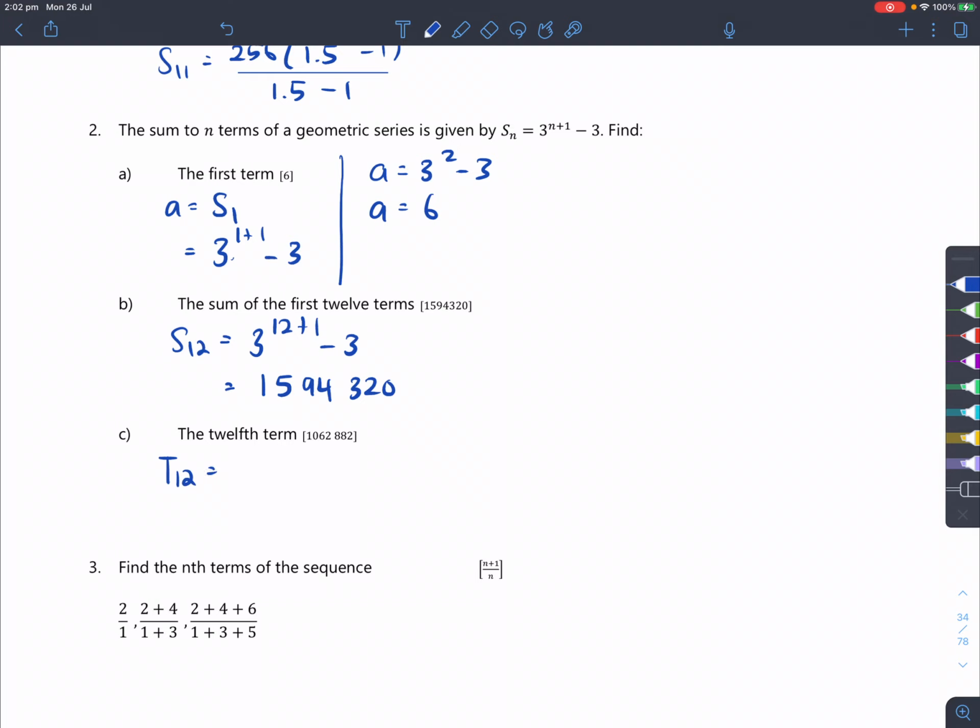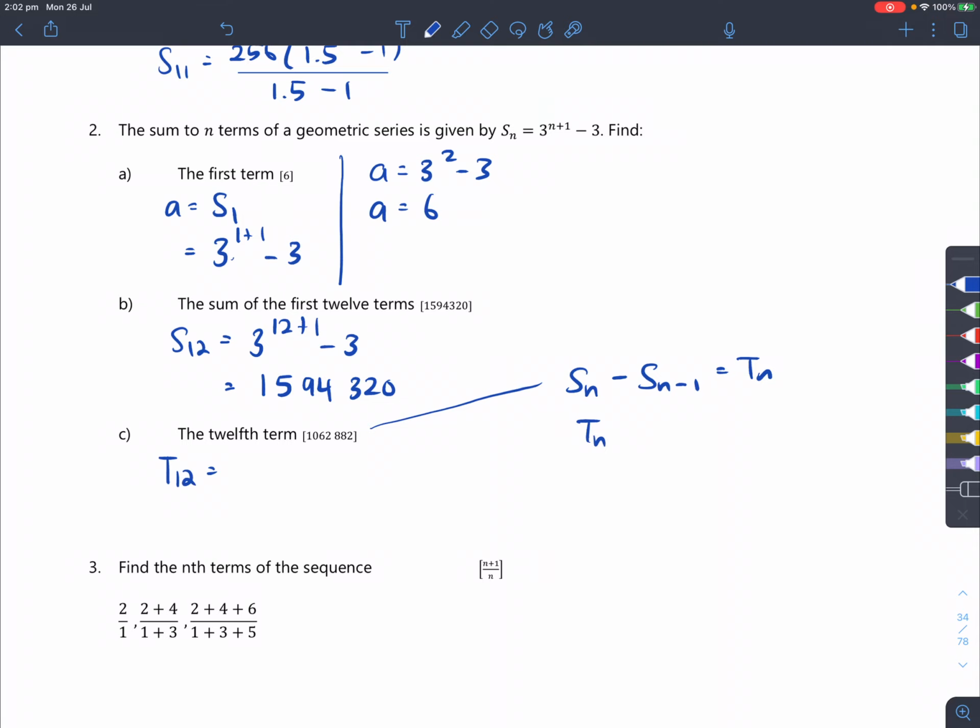And then finally, the 12th term. That means we have to find T12. Now T12, how would you find that if you don't have the term formula and the ratio? It's easy. It's using the formula Sn, which is the sum to n terms, minus S of n minus 1, the sum of one less term, equals Tn.